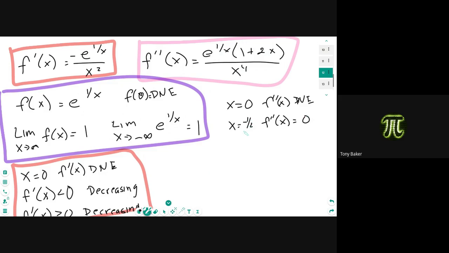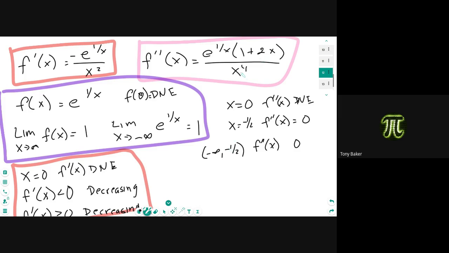All right, so what's happening from negative infinity to negative 1/2? Is it negative or positive? So that's going to be negative, right?